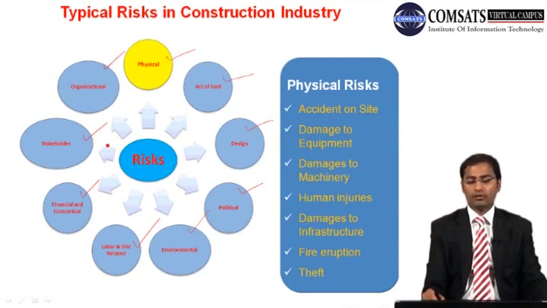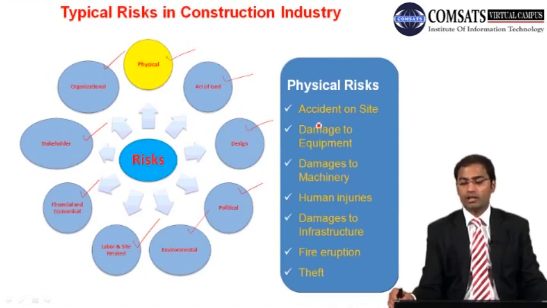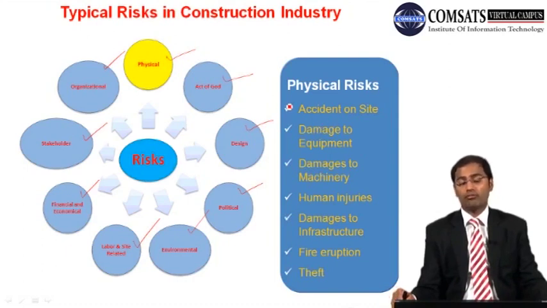As far as physical risks are concerned, those may include accident on site. One accident on site may lead to injury or even death, or the establishment of a first aid facility as a response to the accident on site risk.